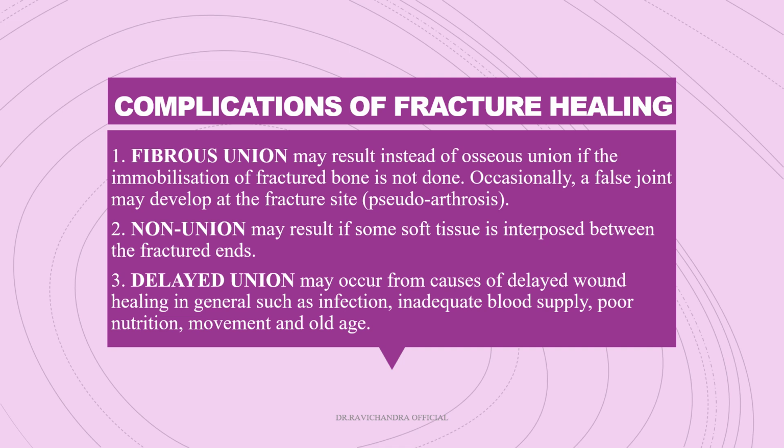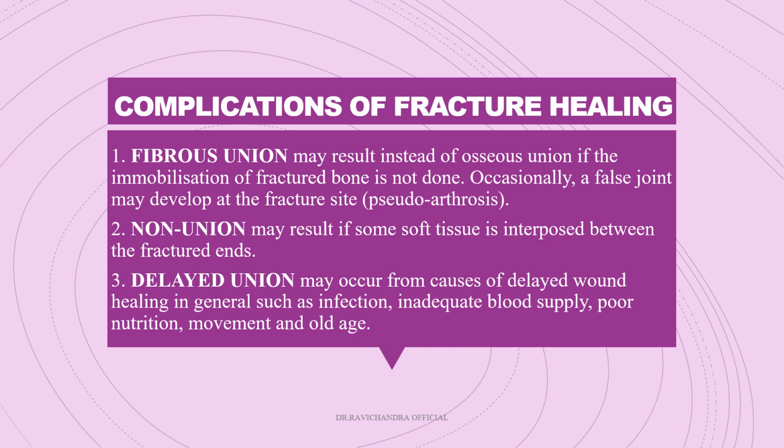Non-union may result if some soft tissue is interposed between the fracture ends, whereas delayed union may occur from the causes of delayed wound healing such as infection, inadequate blood supply, poor nutrition, movement, less mobility, old age, and so on.